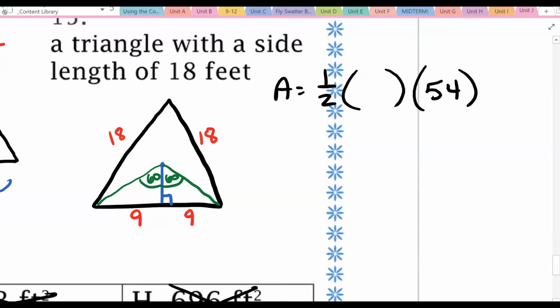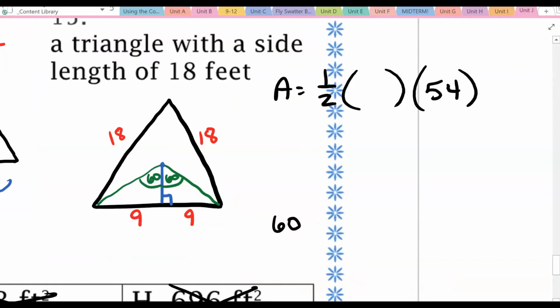So we use trigonometry. From 60's point of view, we know the side that's opposite, and we want the side that's adjacent. We want the apothem. So what we're going to have is opposite 9 over apothem A, and we're going to use tangent of 60 to do that.